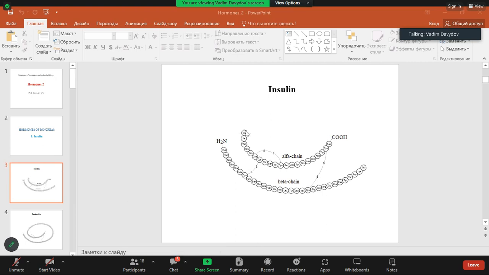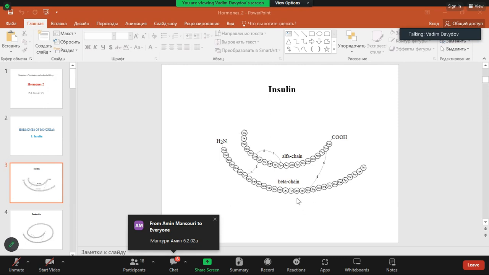In other words, it consists of two polypeptide chains, and those chains bind to each other with covalent disulfide bonds, as you can see on this scheme. The alpha chain is shorter compared to the beta chain. The alpha chain consists of 21, and the beta chain of 30 amino acid residues.